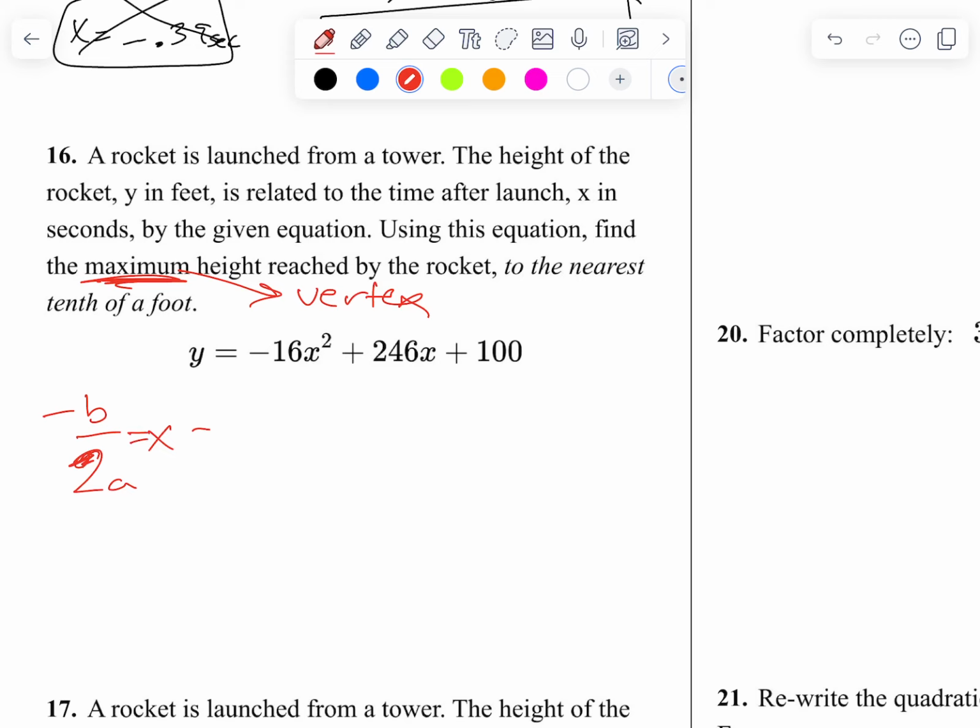So this is going to be -246 over 2 times -16. And once I figure that out, it's going to be some weird decimal.